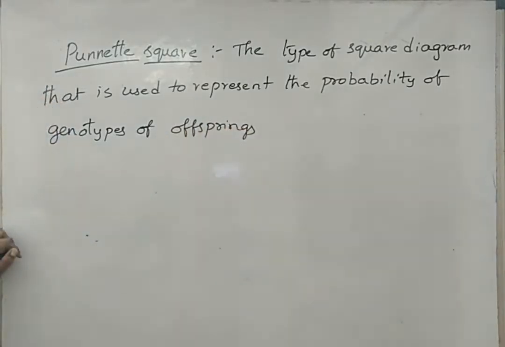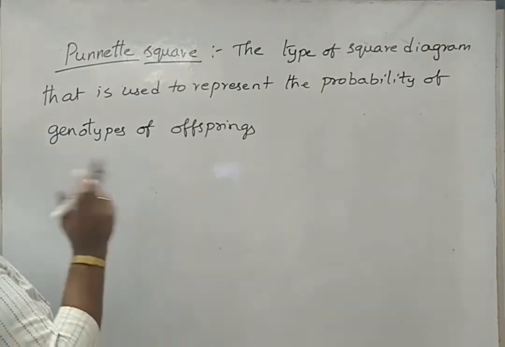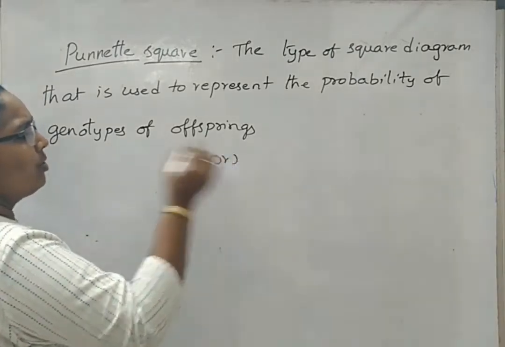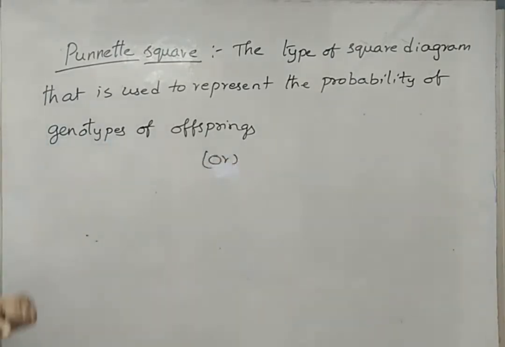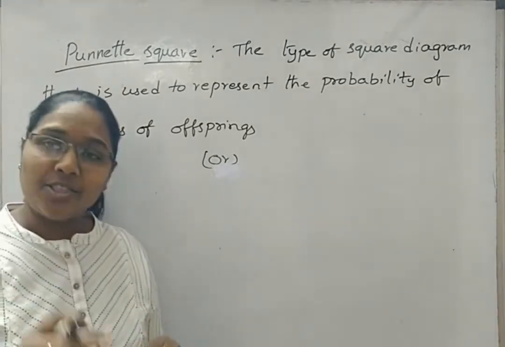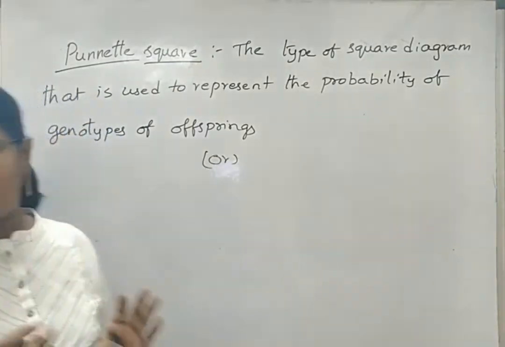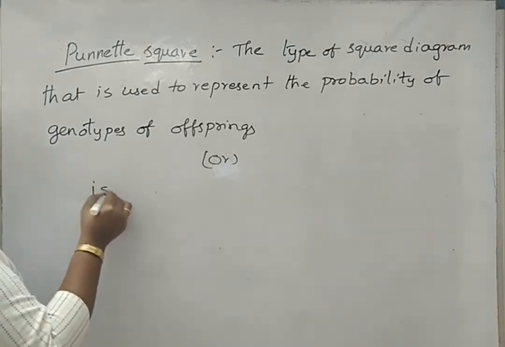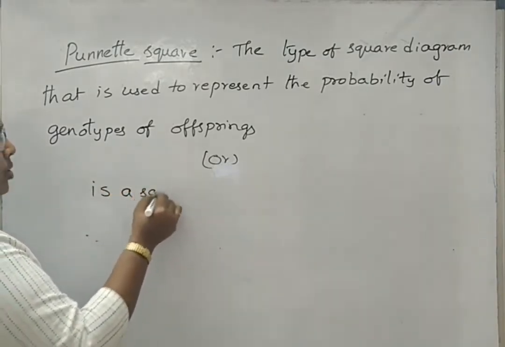So what is the use of this Punnett square? Here we can also use this Punnett square with another type of definition. It is a square diagram that is used to predict the genotype after a particular cross or a breeding experiment.